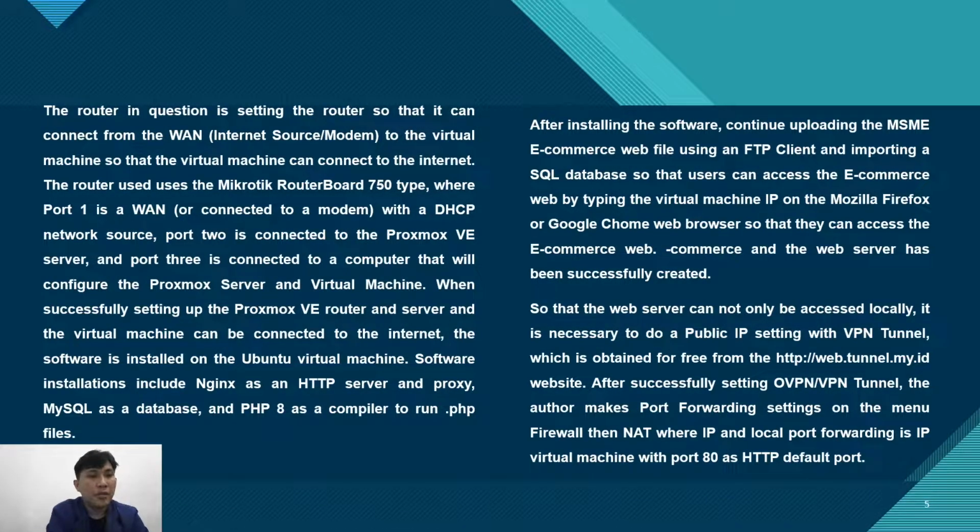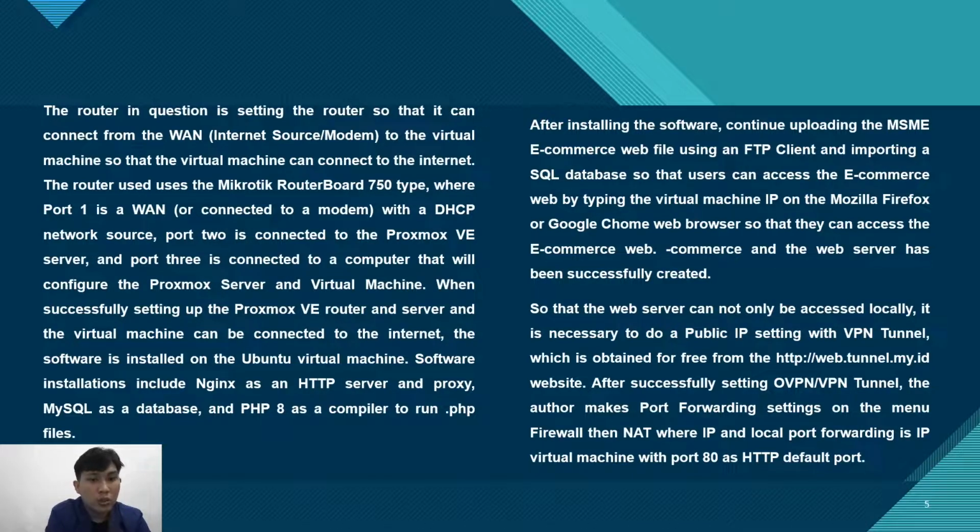Okay, next, the router in question is setting the router so that it can connect from the Proxmox server to the virtual machine so that the virtual machine can connect to the internet. The router uses a MikroTik RouterBoard 750 type, where port 1 is connected to the DHCP network source.